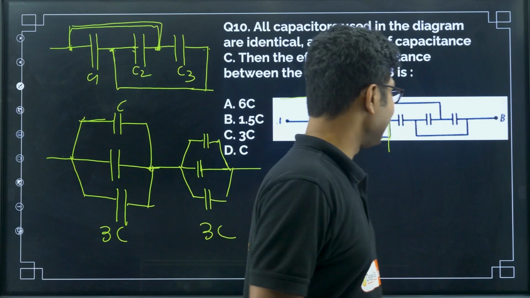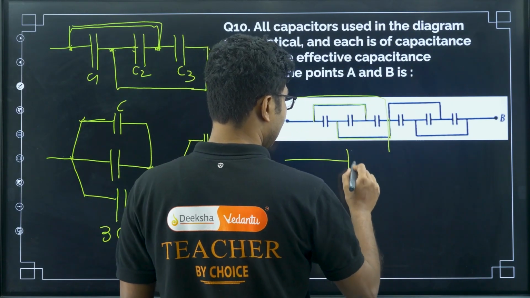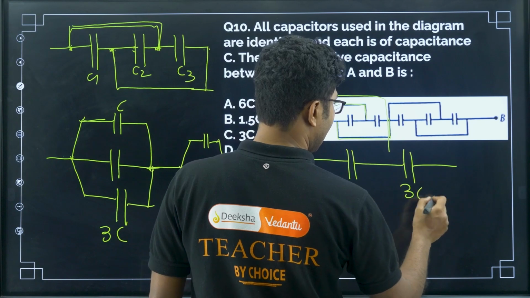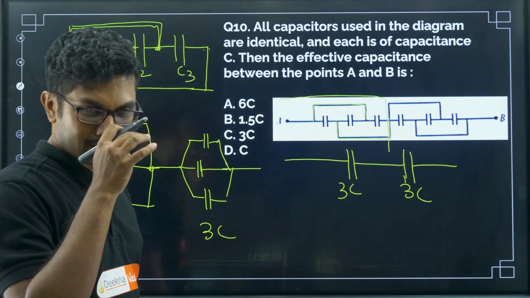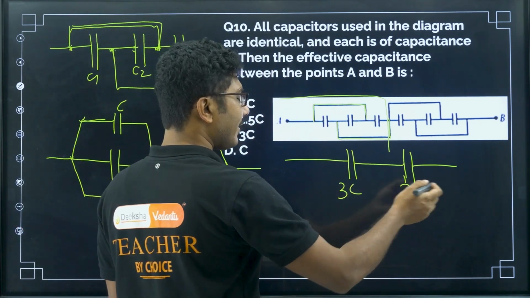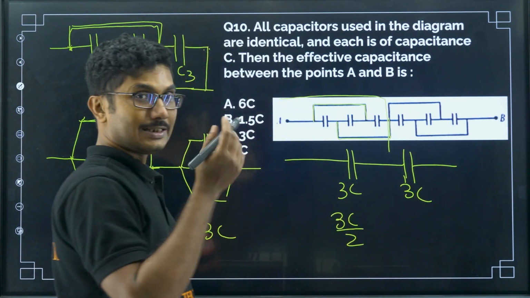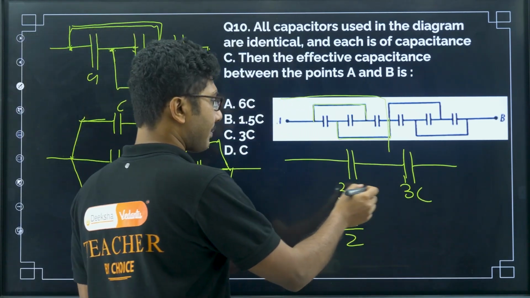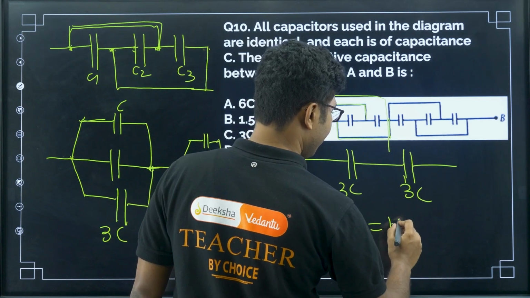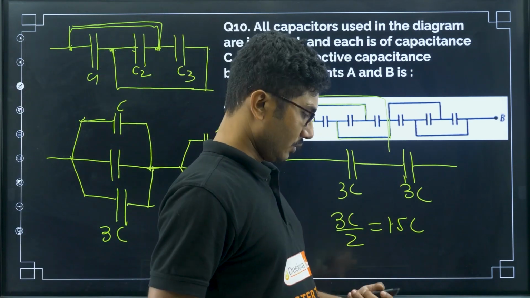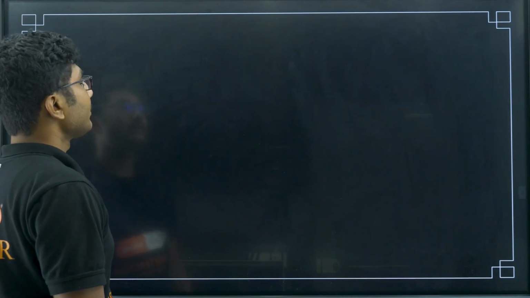You can use C1C2 by C1 plus C2, but since they are equal values connected in series, it will be 3C divided by 2, C by n. So total capacitance will be 1.5C. So 1.5C is the answer. Okay, but let's move on to the next question.